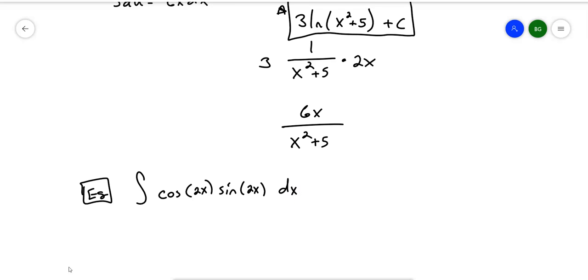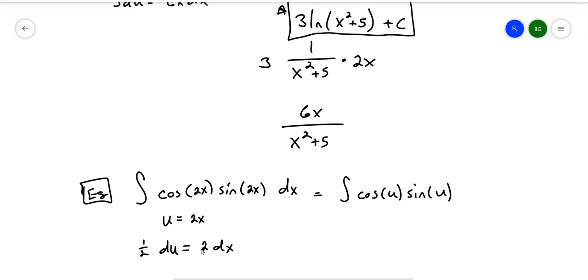And so this is kind of an interesting one. This is why I want to show you this, because if you follow my advice, just kind of naively, you're going to say, okay, let u equal 2x, then du is going to equal 2 dx. And when we start swapping things out, we're not going to get very far. We're going to have the cosine of u, the sine of u, and I guess in order to fix this, I don't see a 2 anywhere, so we just multiply by a half.